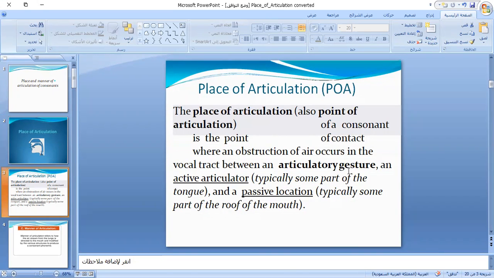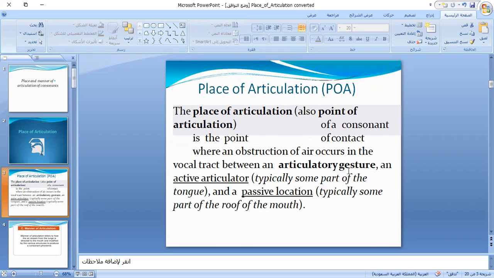An active articulator is typically the tongue, which is pressed against or approximates a passive articulator, which is the roof of the mouth.